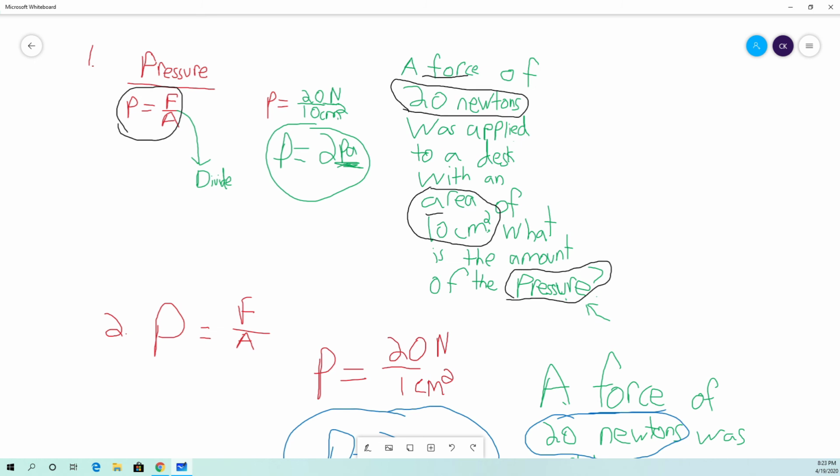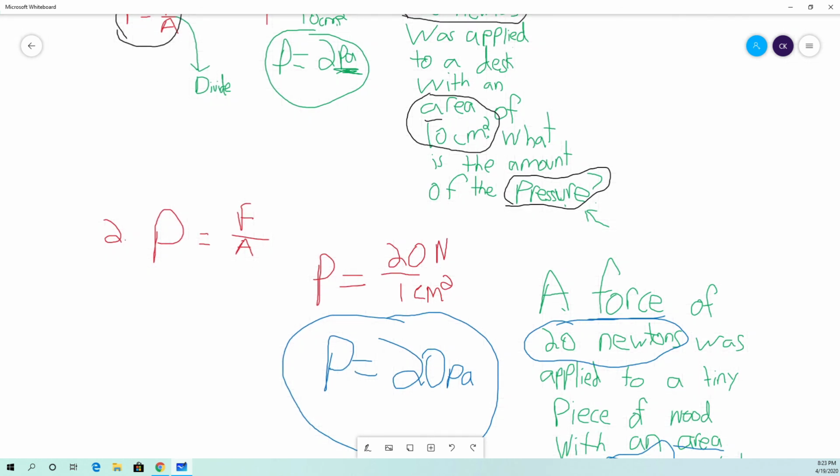Now this is obviously if we have the same force. If our forces are different, then we don't have a simple black and white answer. This difference we can clearly see because we took this variable and made it constant, the same force, so our pressures are going to differ depending on our area.